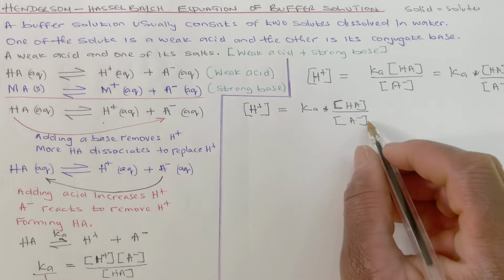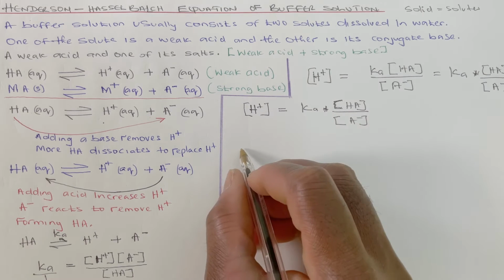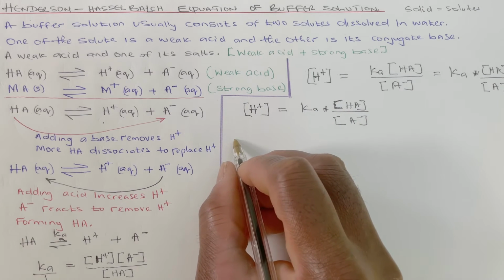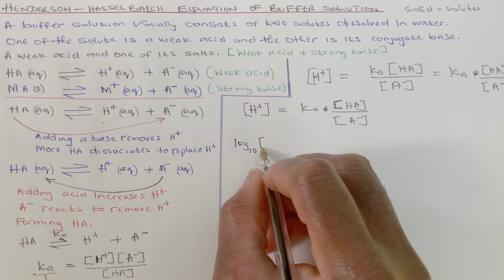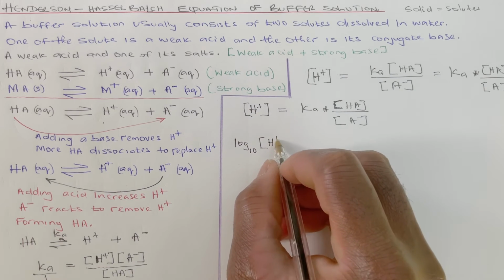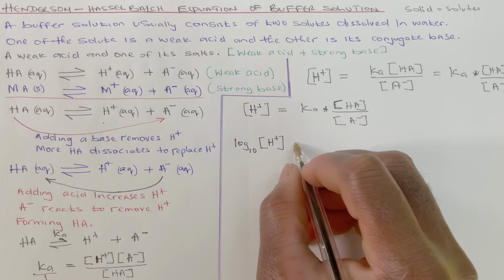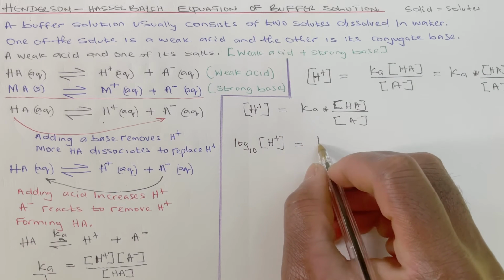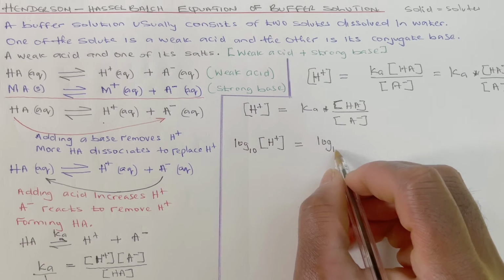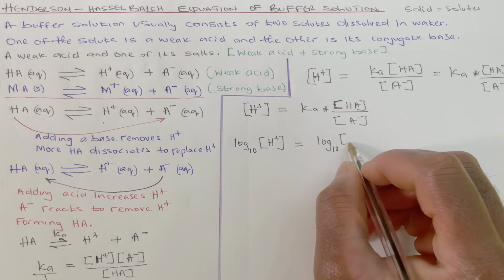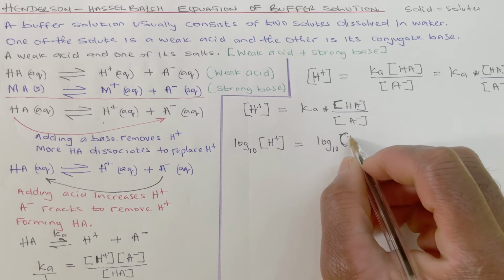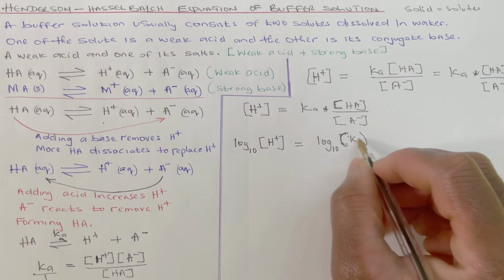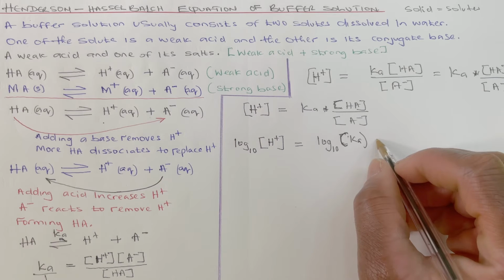If I take log base 10 on both sides, log base 10 of the concentration of H plus will be equal to log base 10 of the concentration of acid over base times Ka.